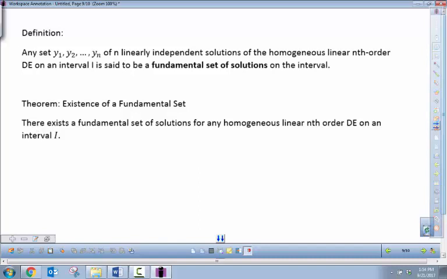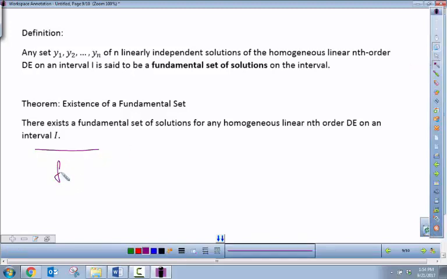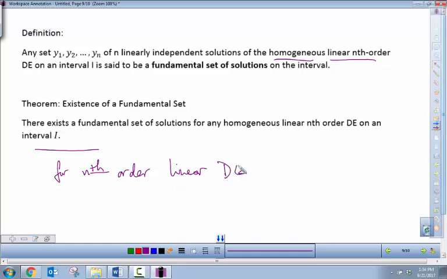So the take home here is that for nth order linear DEs, to find the solution to the homogeneous equation, we have to find n linearly independent functions.